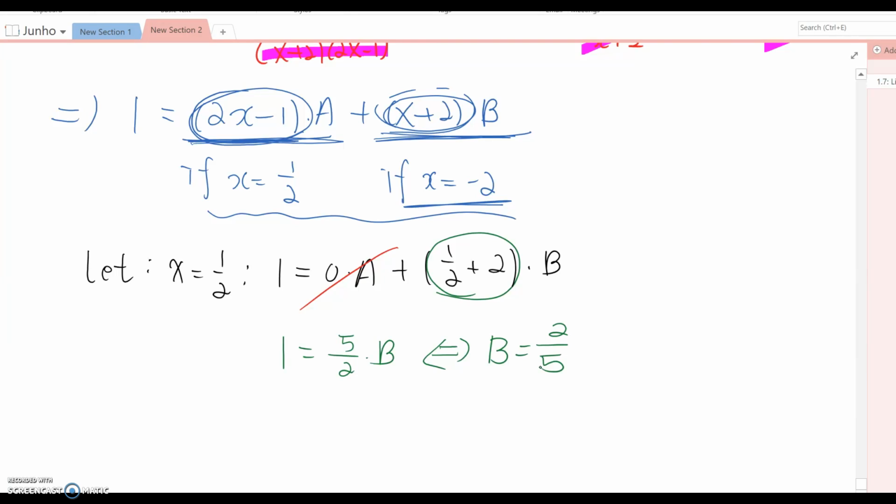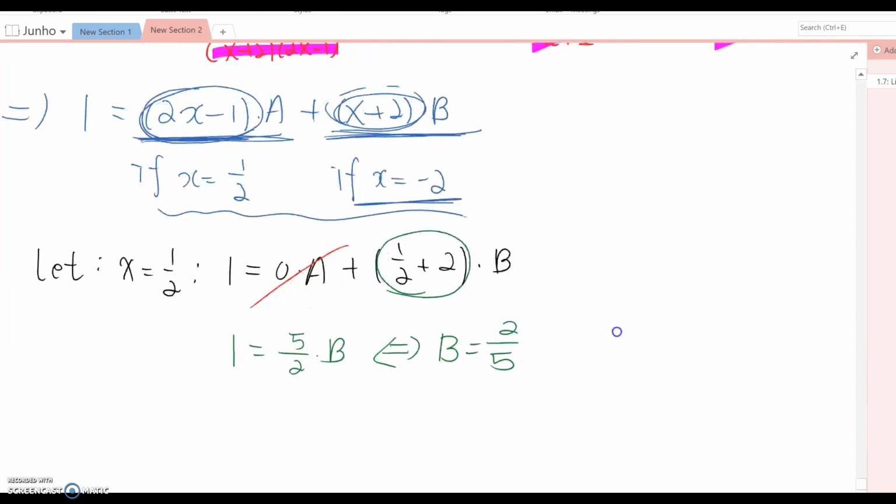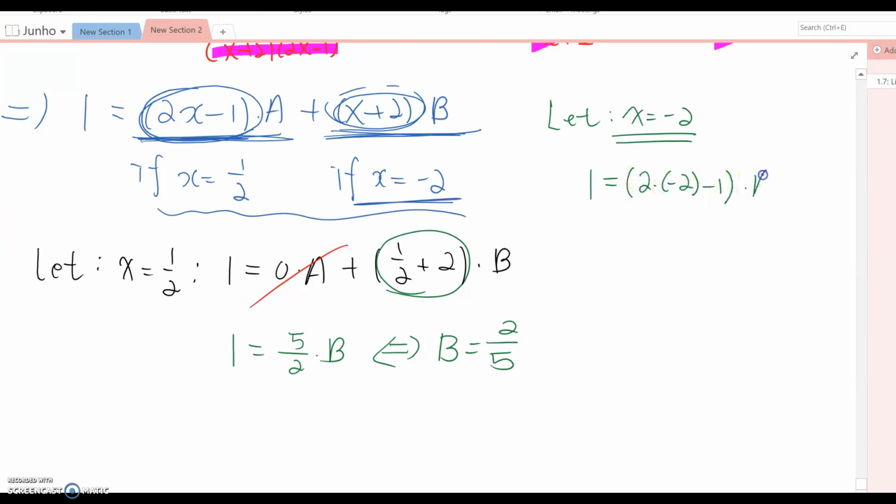Similarly, let's input x equals negative 2 instead. Let x equal negative 2. Okay, then this equation becomes 1 equals (2 times negative 2 minus 1) times A plus 0 times B, because negative 2 plus 2 becomes 0, so now we can ignore this term.